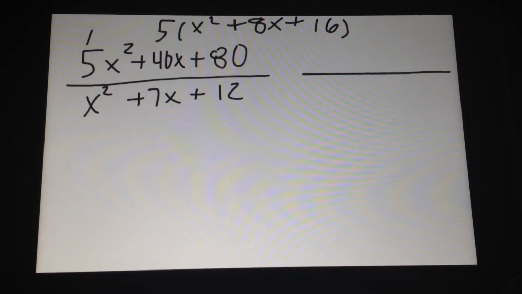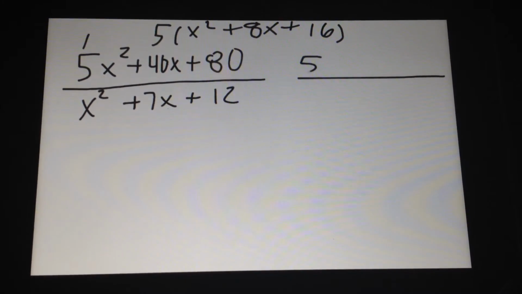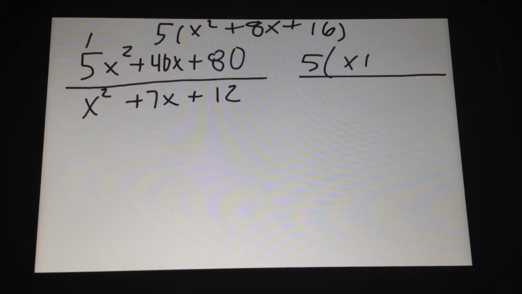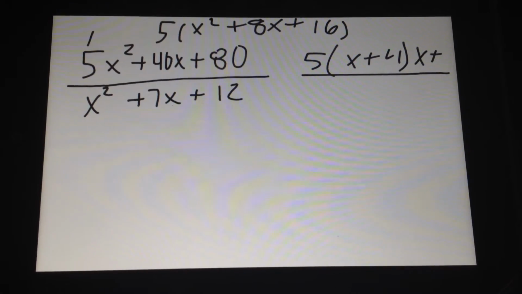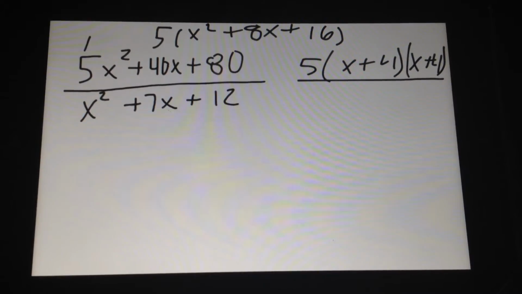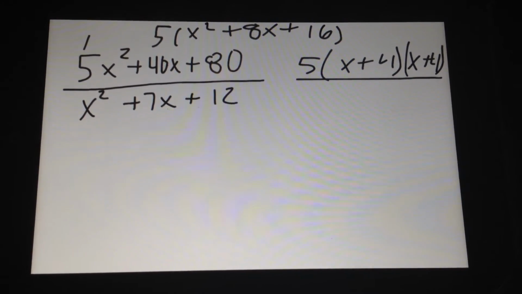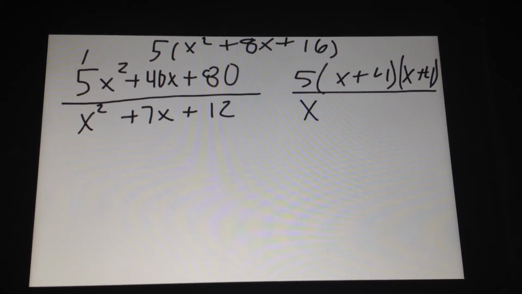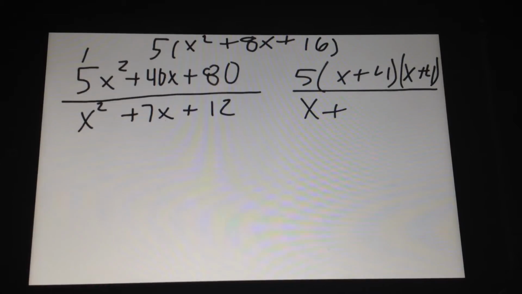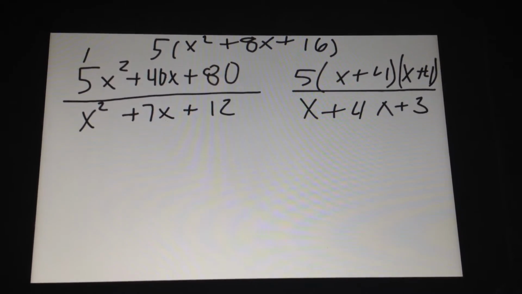And then we can factor that into two different solutions by just going 5, x plus 4, x plus 4. And now the bottom one would end up being x plus 4 and x plus 3.